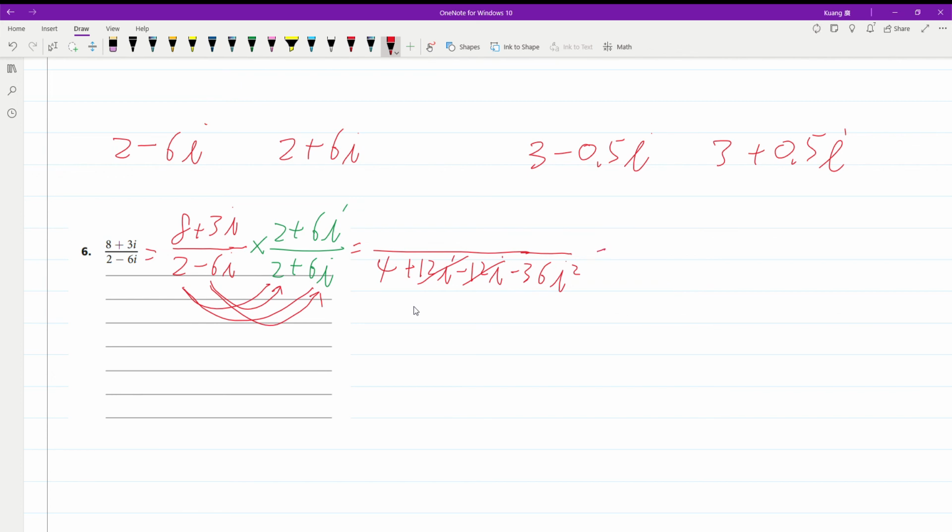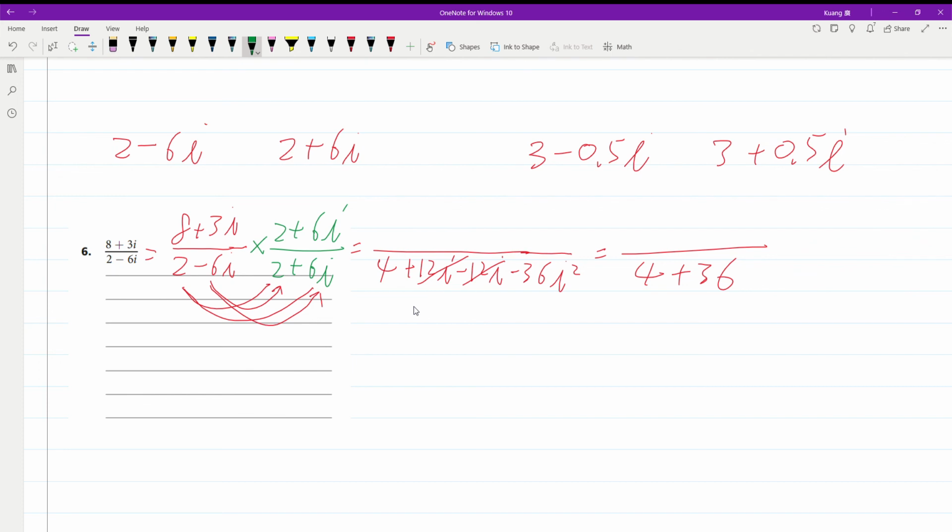So the denominator actually equals 4 plus 36. So I successfully removed the square root from the denominator. That's why I need to multiply by this over this. Again, because this part equals 1, multiplying by 1 will not change the value. So it's the same thing, just a different format.